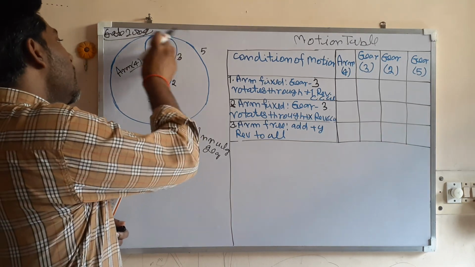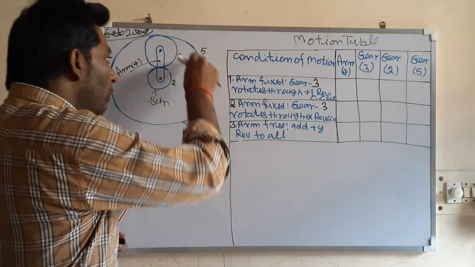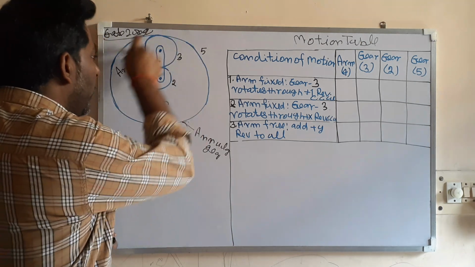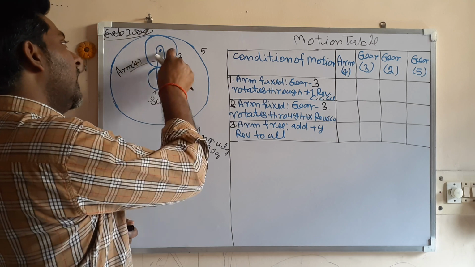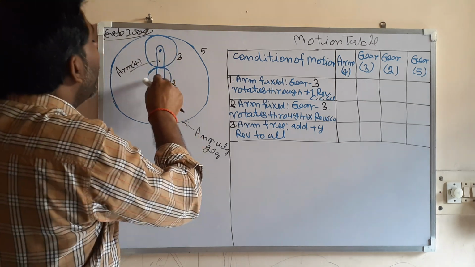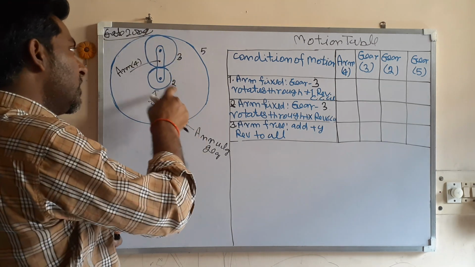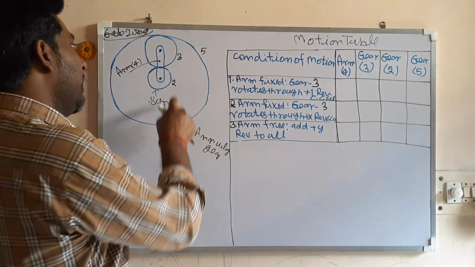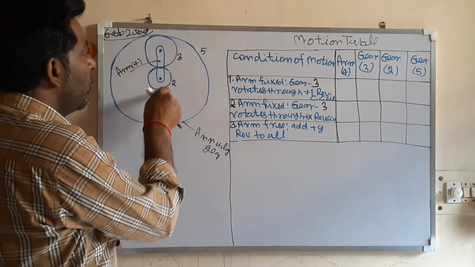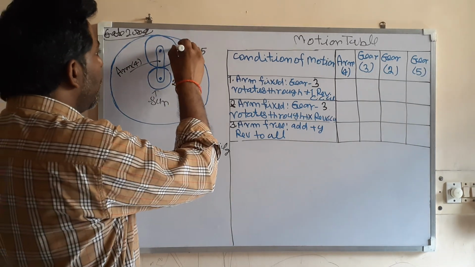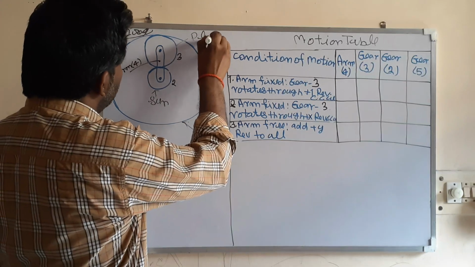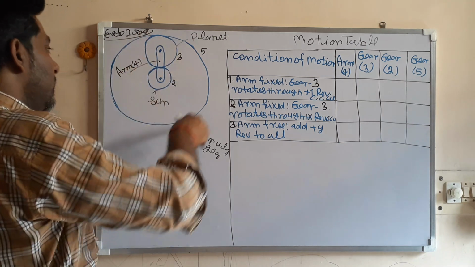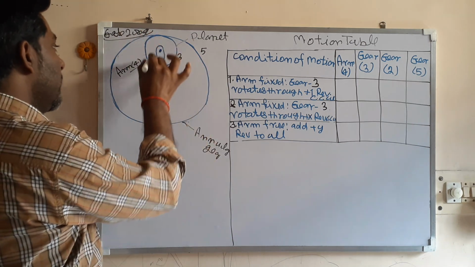When this arm is rotated, gear 3 rolls over gear 2 and moves around it. Gear 3 is moving around gear 2, which is why gear 3 is known as the planet. It is just like a sun and a planet, because 3 is rotating about gear 2. So this is the sun gear, this is the planet gear, this is the annular gear, and this is the arm.